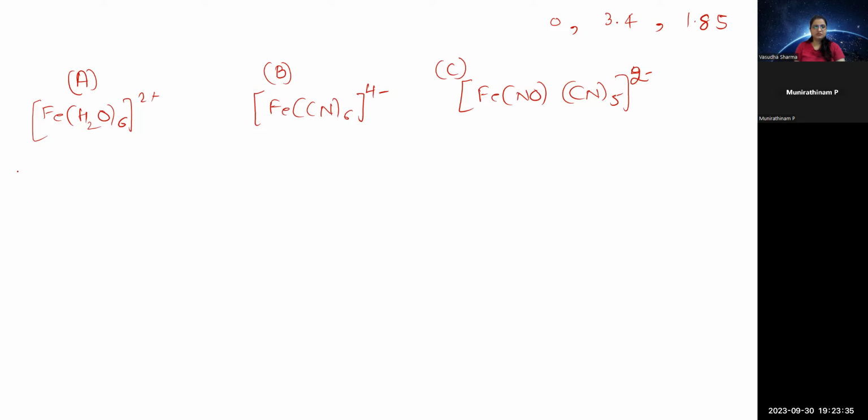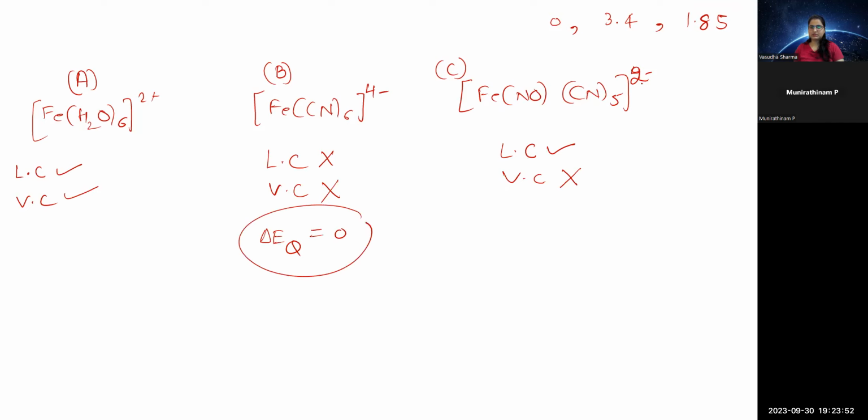Okay. So here we saw that lattice contribution and valence contribution are existing. Here lattice contribution is not there, valence is also not there. Here lattice is there, valence is not. So the delta EQ value was found to be 0 over here. That is clear. Okay. So this value can be assigned to complex B.